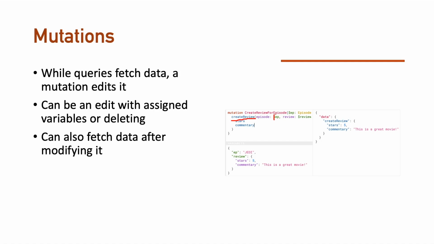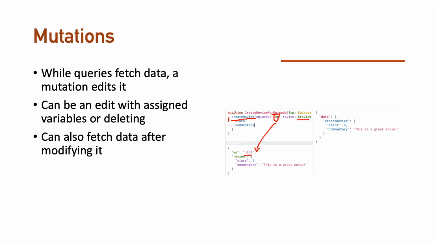So here we've got our query again, so create review. And this part here, this is a variable. So we can also include variables from this part here. And as you can see, we're putting in ep is Jedi, and then review goes here. But this could quite easily be another object, right? This can all be done in line. All it's doing is just doing a find and replace.